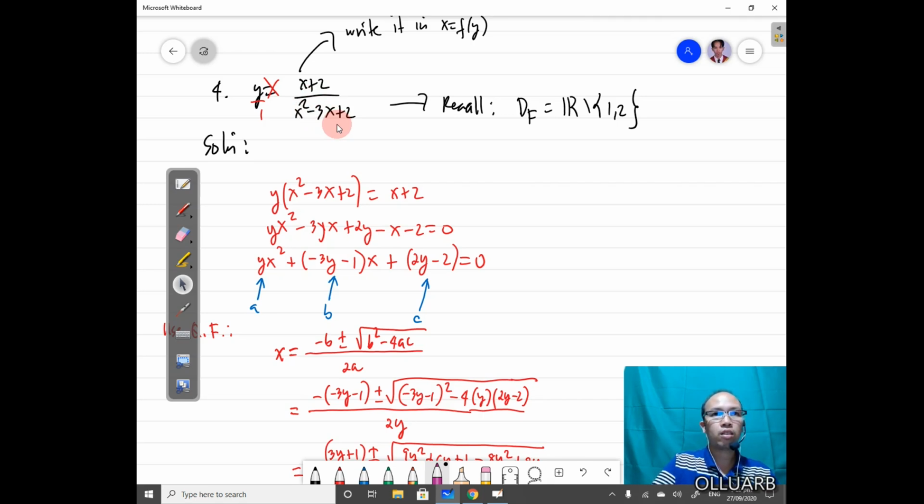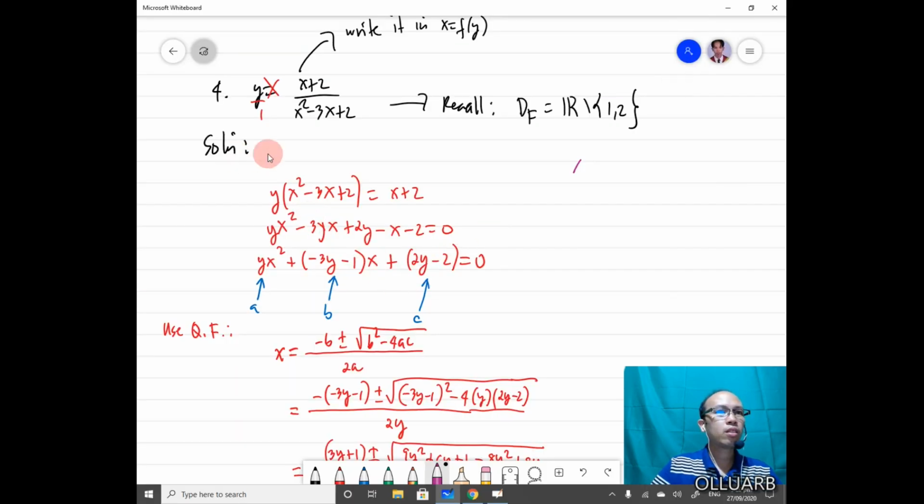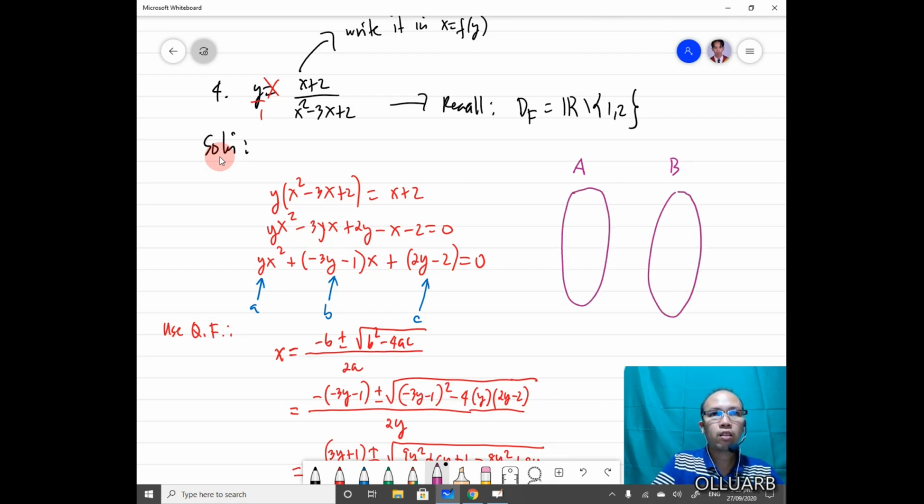Let's say this is your domain. Let's hide this first. You have your domain here, and we have the codomain, using a diagram.